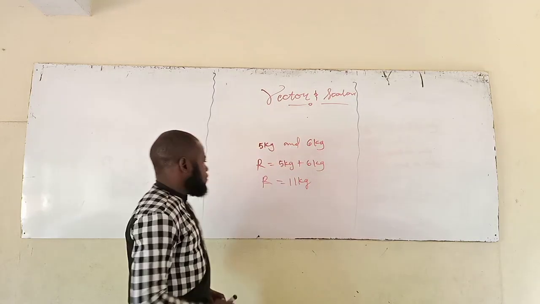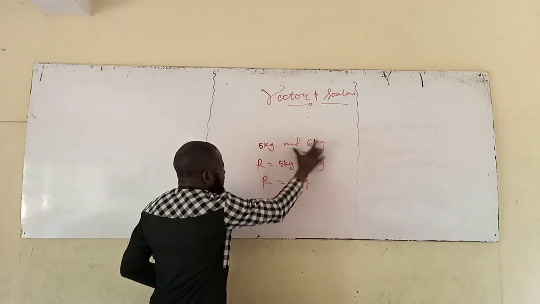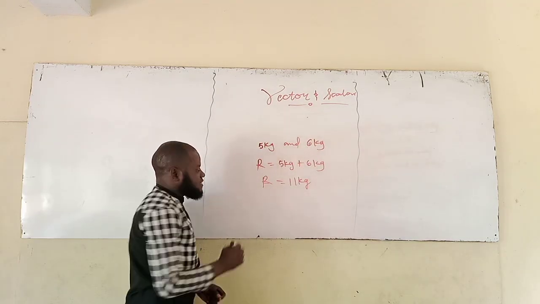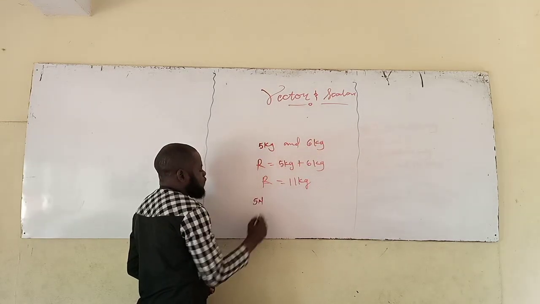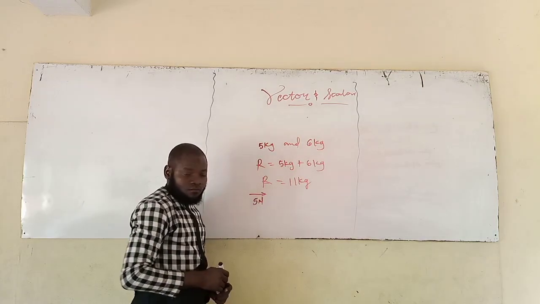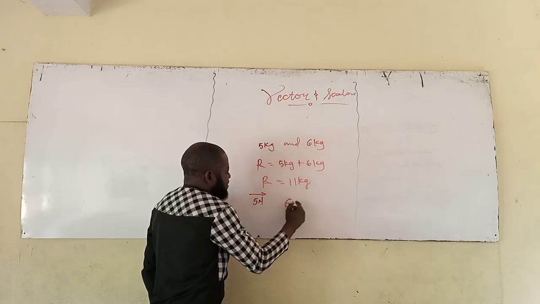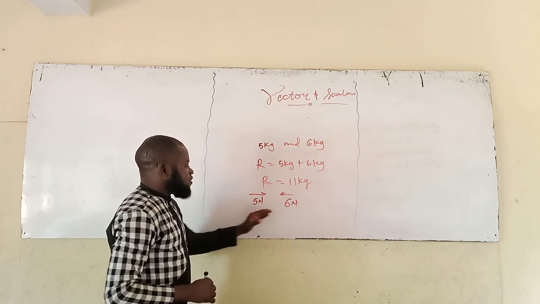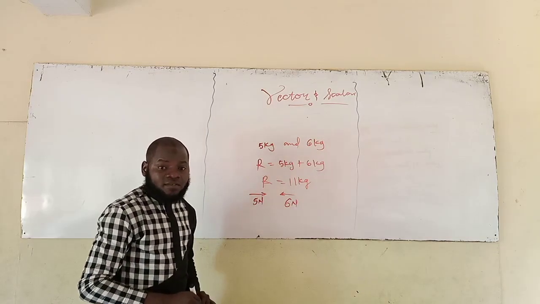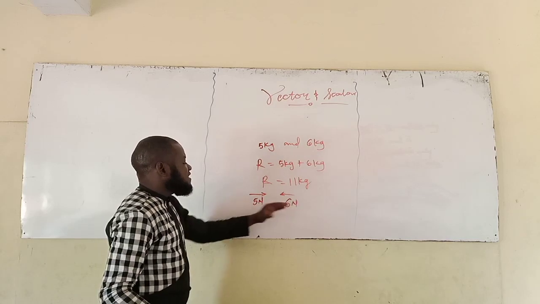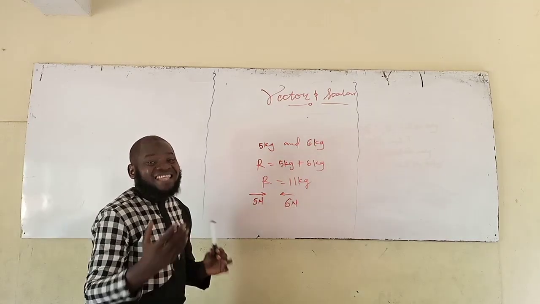For example, I didn't bother to show the direction of these two quantities. But if they are vector quantities, let's say I have a force of 5 Newton acting in this direction, and I have a force of 6 Newton acting in this direction. For me to get their resultant, I need to take their difference, because they are facing opposite directions.